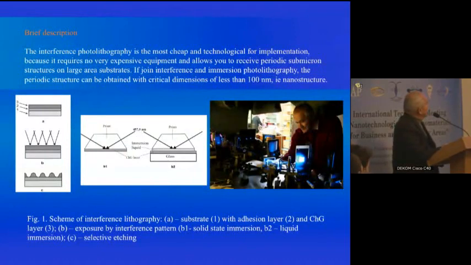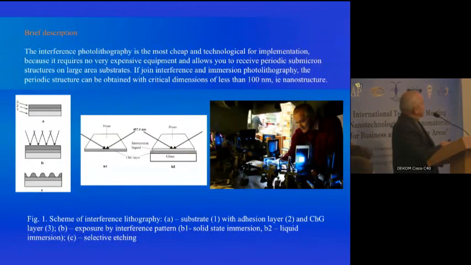A simplified schematic of the technology is shown in figure 1. This is a base with photoresistor. B, the interference field is formed by several coherent laser beams. And this is a selective treatment with relief structure.